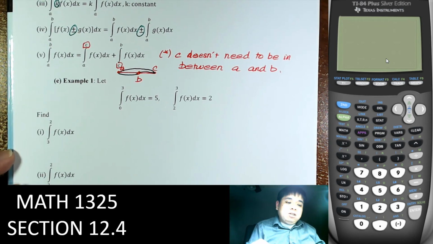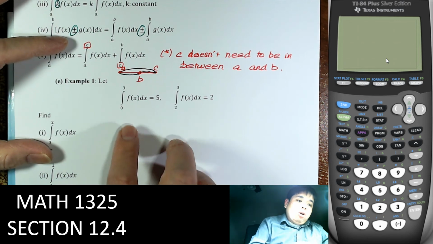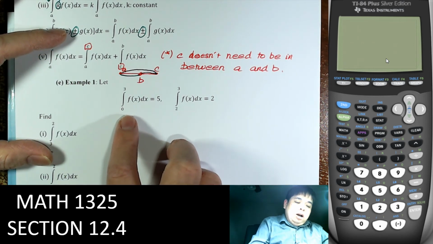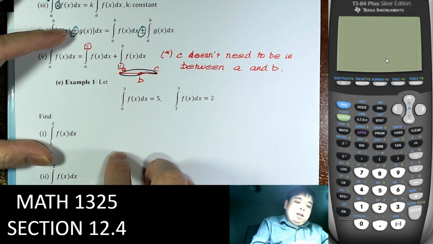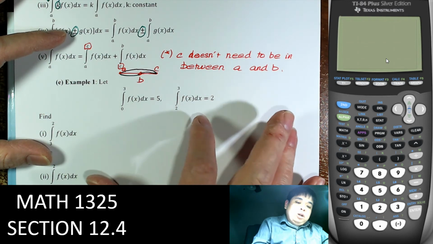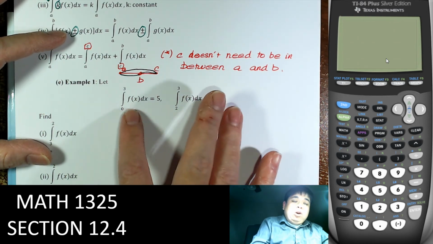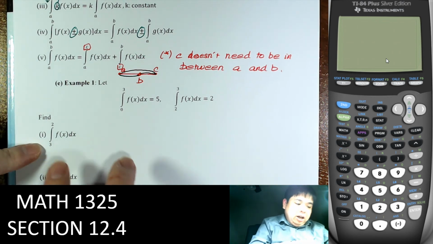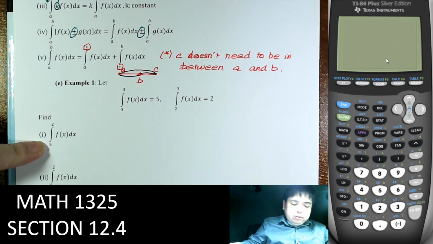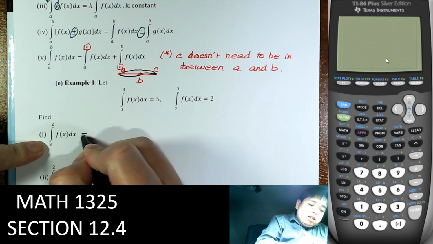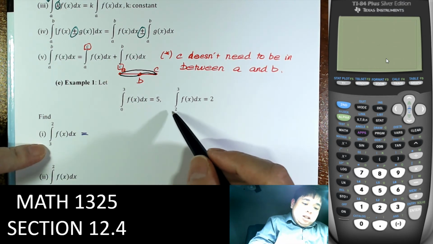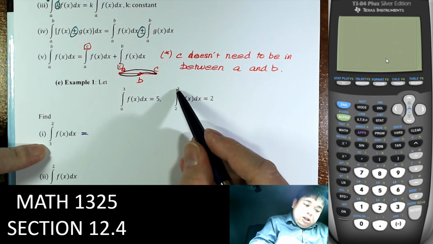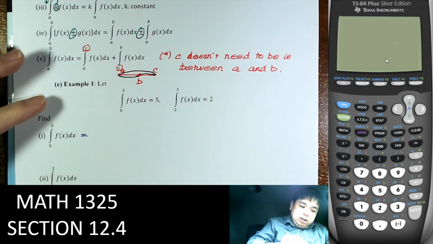Now if we have the definite integral of f of x from 0 to 3 is 5 and from 2 to 3 is 2. Again, we don't know what the function is. That's what we have. So first, what is the integral from 3 to 2? Well, what we notice here is that this is just that one, but with the limits interchanged.